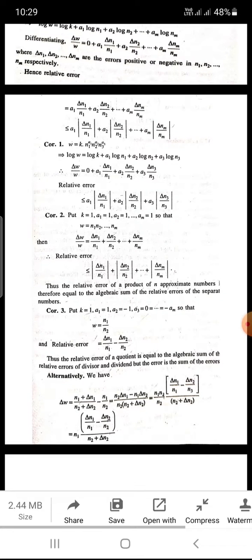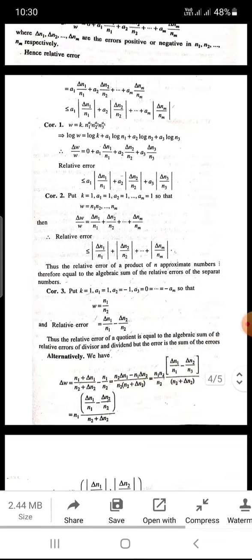So first case, when w is equal to k into n1 a1 n2 a2 n3 a3. So log w will be equal to log k plus a1 log n1 plus a2 log n2 plus a3 log n3, or we can say that delta w upon w is equal to 0 plus a1 delta n1 plus a2 delta n2 plus a3 delta n3, and relative error will be less than or equal to a1 mod delta n1 upon n1 plus a2 mod delta n2 upon n2 plus a3 mod delta n3 upon n3.